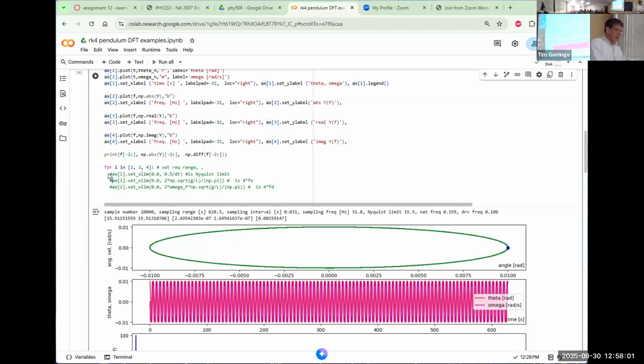This will just set the scale. If I remove the comment here, this sets the limits on the horizontal range for the Fourier transform plot to be 4 times the natural frequency, rather than the complete range from 0 to the Nyquist limit.